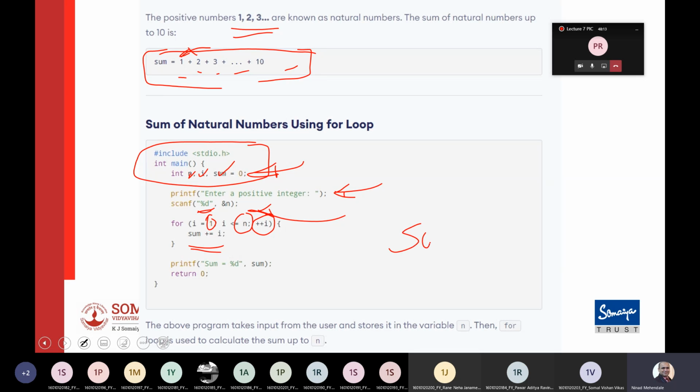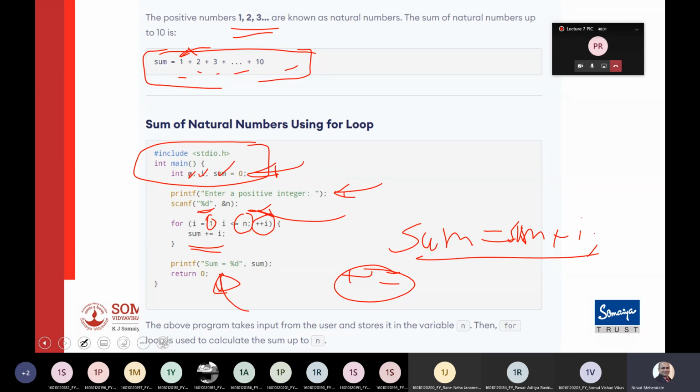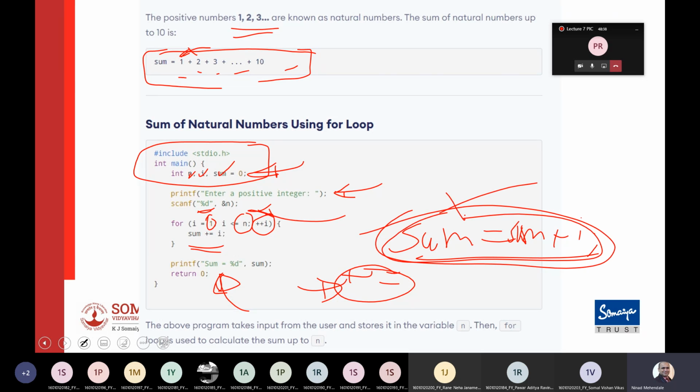For this statement, I personally like to write sum equal to sum plus i. It's very easy to understand and just avoids any kind of confusion. But some examiners will ask you to write the same program using the shorter form, so you can use that particular statement. As long as you don't have any restriction on using this kind of variables, I would also suggest you maintain this simple syntax formatting rather than writing complex code.